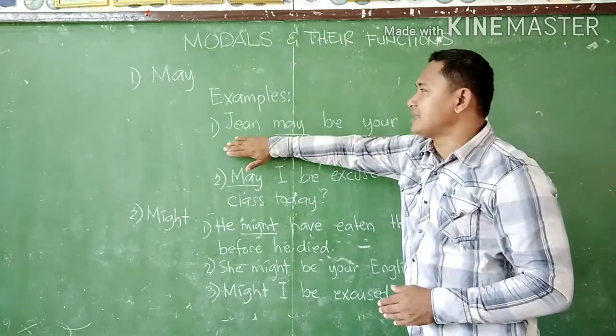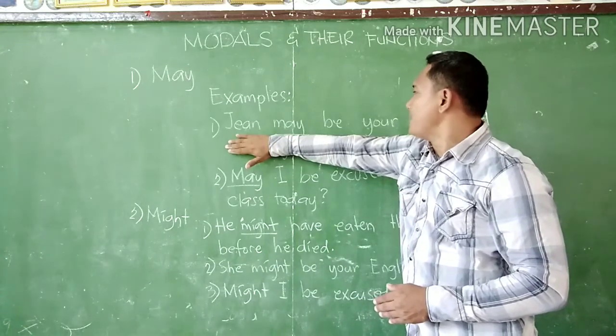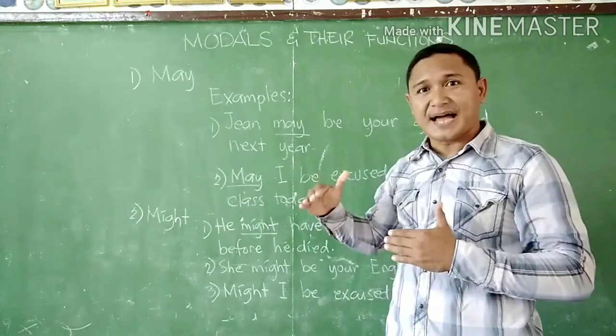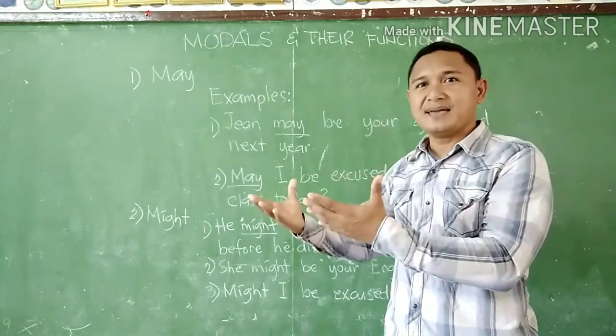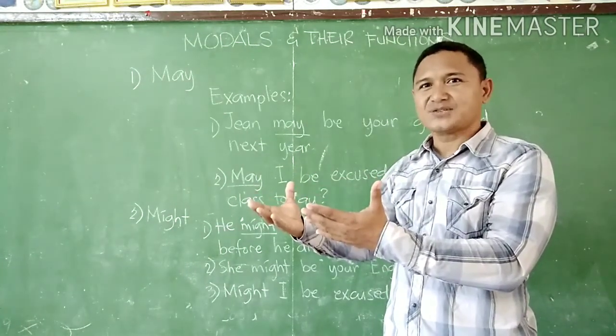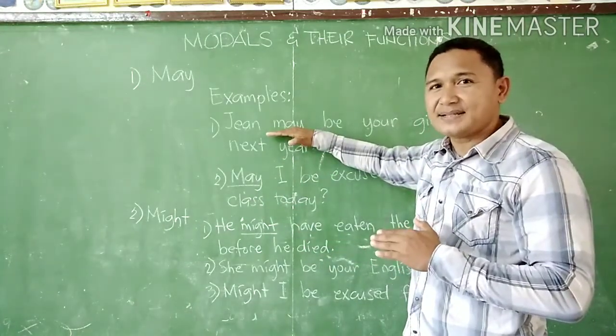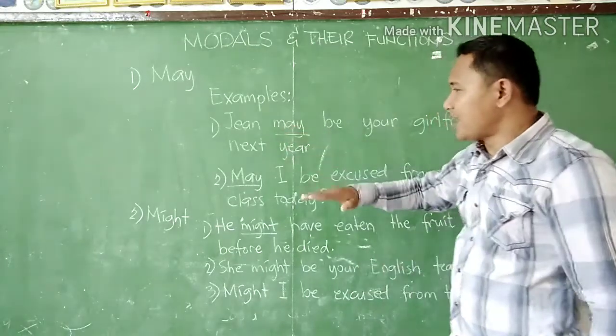Jean may be your girlfriend. That refers to the present time, that will be soon. That's why we are using may, possibility in the present or in the future.